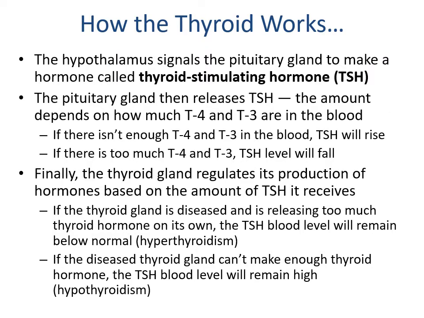Now the way the thyroid works, so the hypothalamus signals the pituitary gland to make thyroid stimulating hormone, or TSH. The pituitary gland then releases TSH, and so the amount depends on how much T4 and T3 are in the blood. And if there is not enough T4 and T3 in the blood, the TSH gets higher and higher.